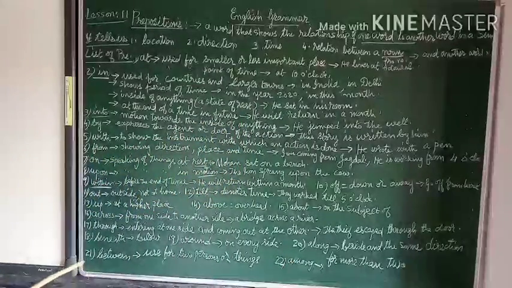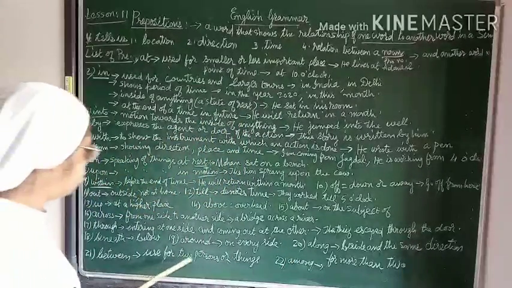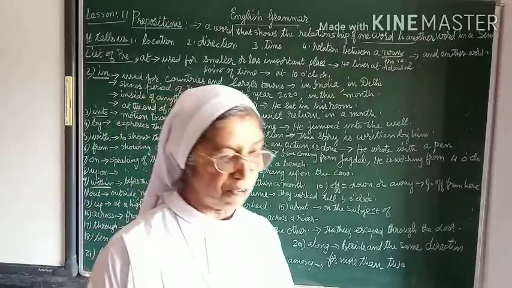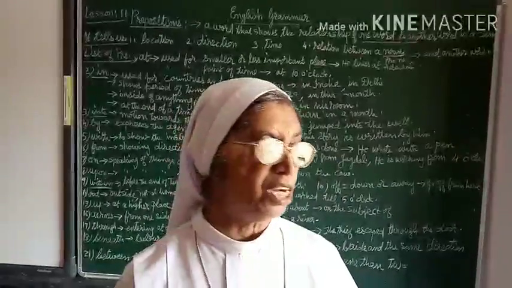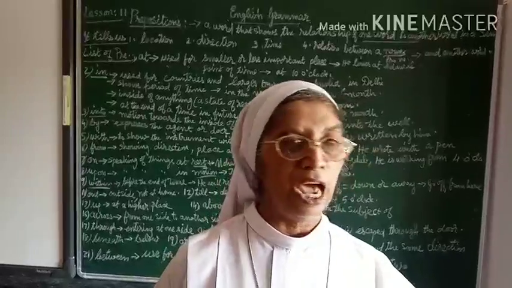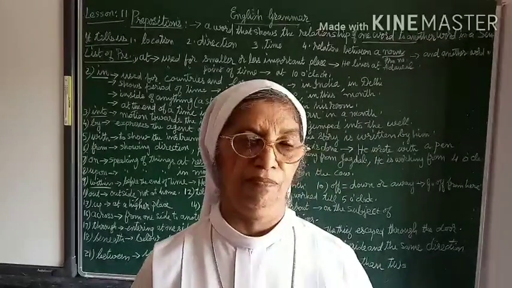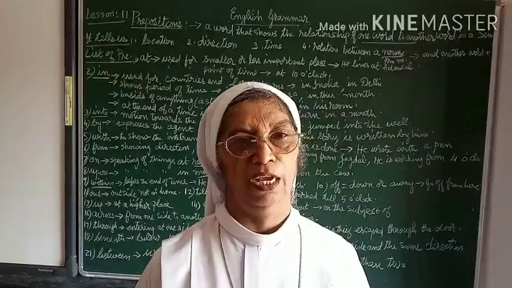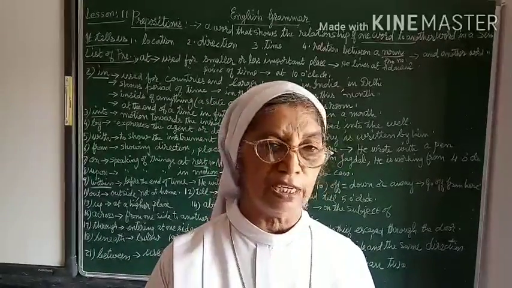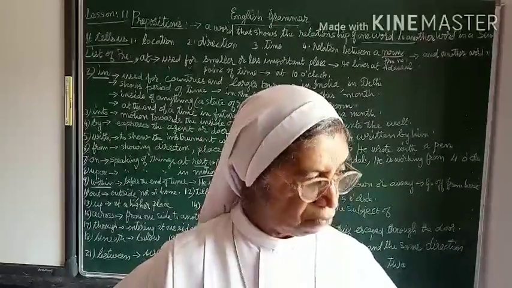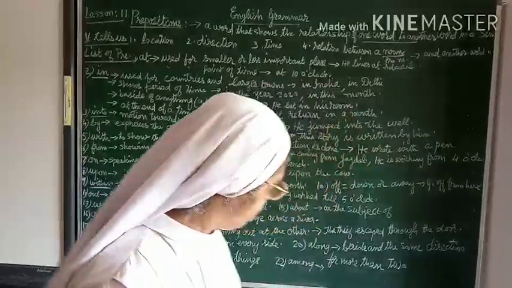Next one is between. Used for two persons or things. For example, Mary is sitting between Leela and Jhansi. Between two people. So when the thing or the person is in the middle of two people, you say between.